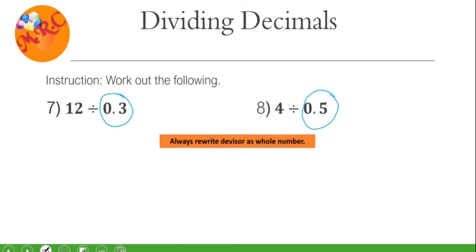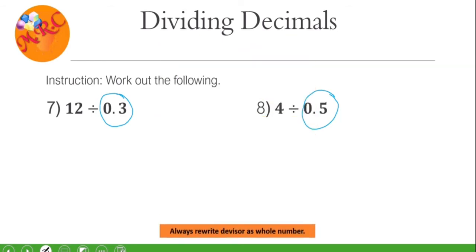So to turn 0.3, as you're seeing it here, into a whole number, we're going to multiply by a power of 10. Since it's one digit after the decimal point, we multiply by 10.